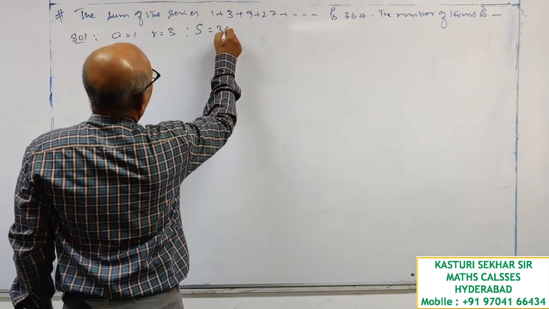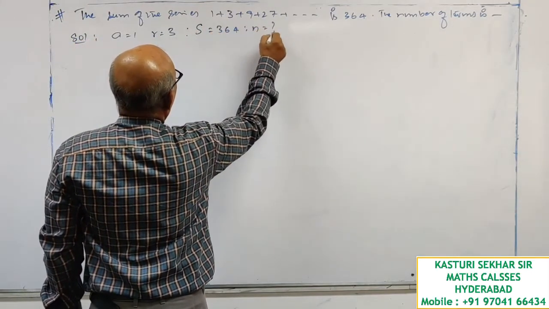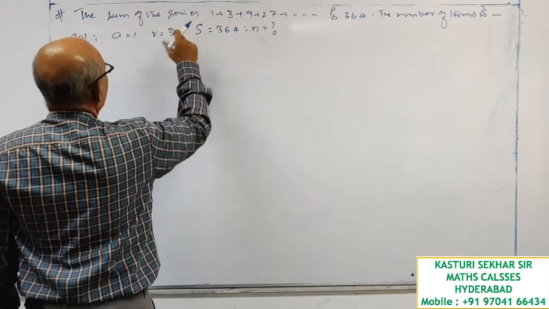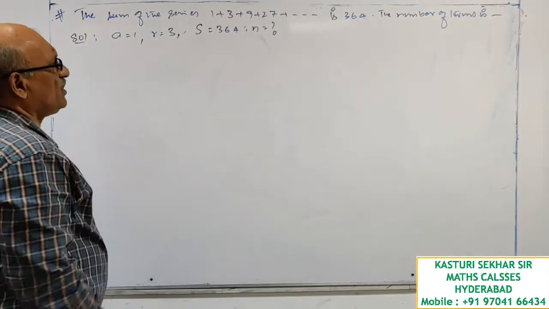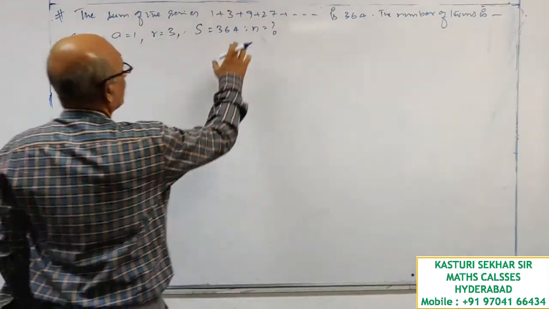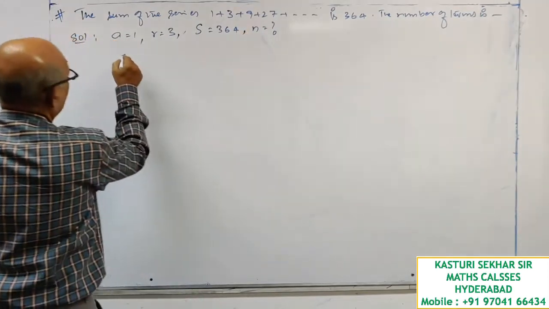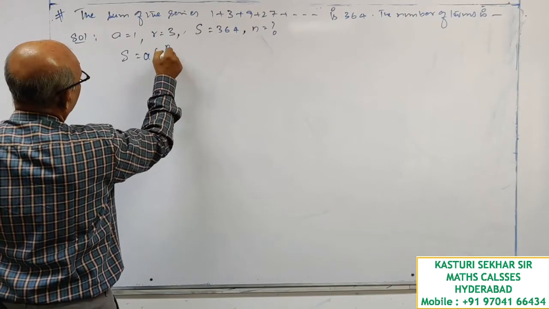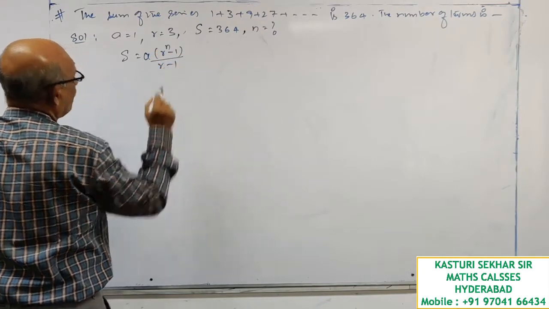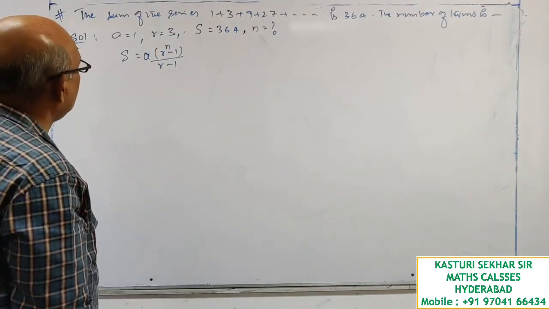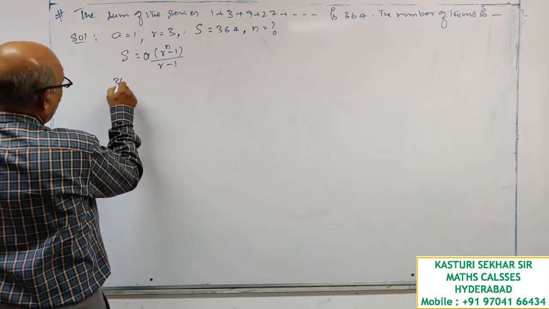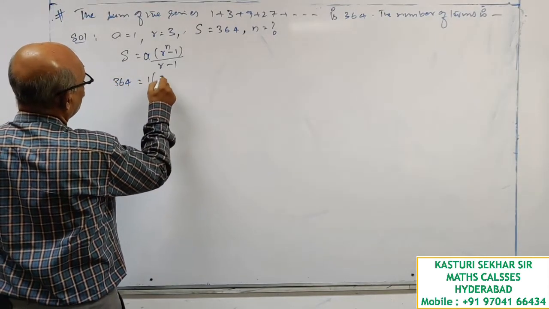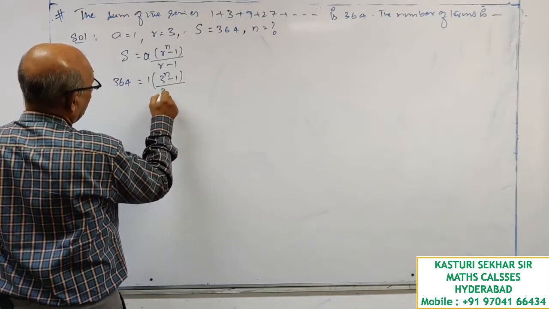S is equal to 364, N is equal to question mark. Common ratio is greater than 1, so this is the formula I can use. 364 is equal to A, which is 1, into (3 power n minus 1) by (3 minus 1).